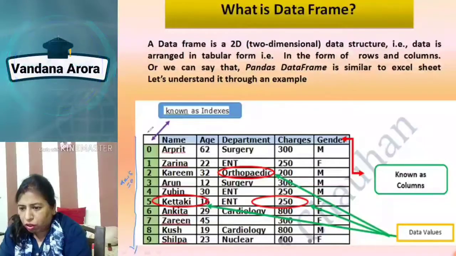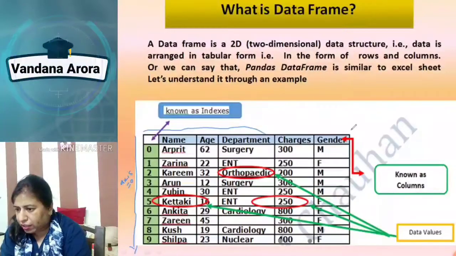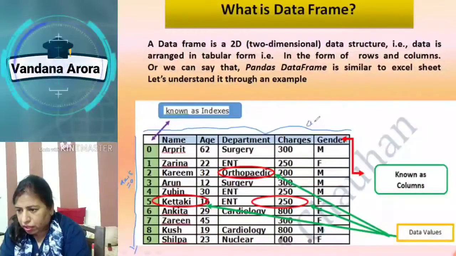And this horizontal axis is called axis equal to 1, and this axis is called the column axis.